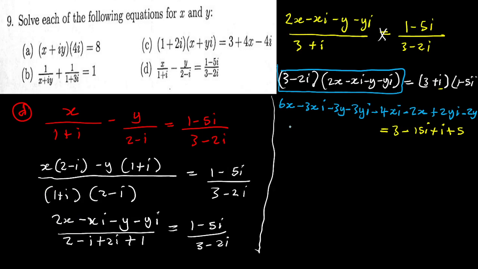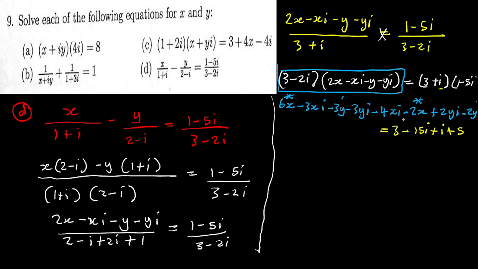I'll go back to blue. So blue, if you look at the real part, you have 6x, you have negative 2x there, okay, so like terms can be collected. So let's start with x. That one here is going with that one there, right?